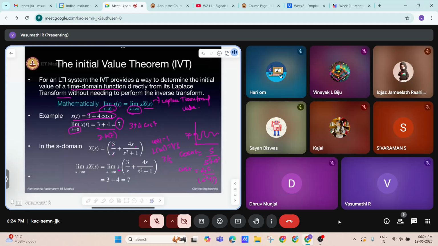I'll try to show it here. When I remove all the s's, you will get 3 plus 4 equal to 7.